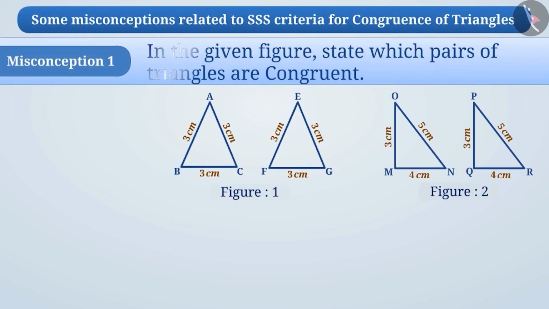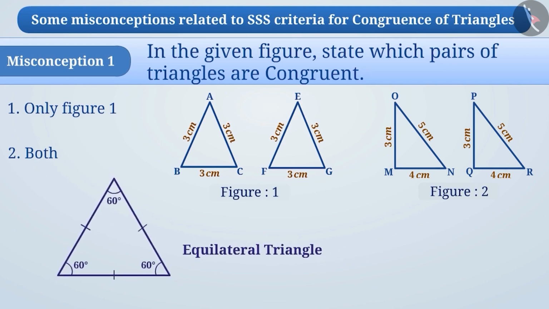Misconception 1. In the given figure, state which pairs of triangles are congruent. Some students fail to understand the SSS congruence rule properly. They believe that SSS congruence rule is true only for an equilateral triangle.